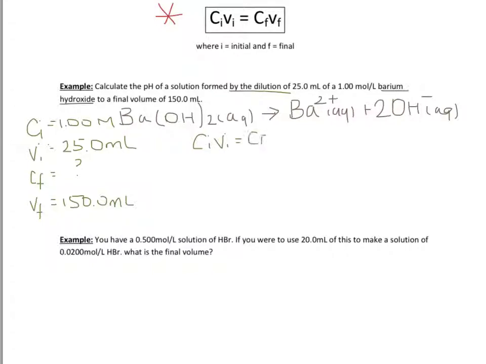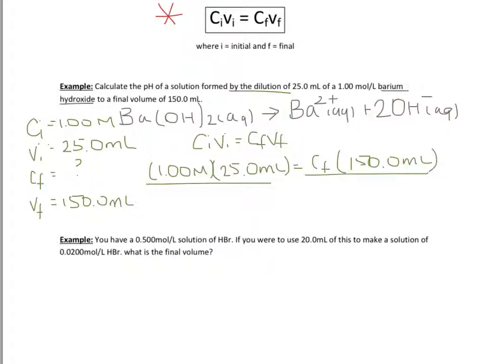CiVi equals CfVf, so we have 1 molar times 25 milliliters equals Cf times 150 milliliters. To get the final concentration, we have to divide by 150 milliliters on both sides.